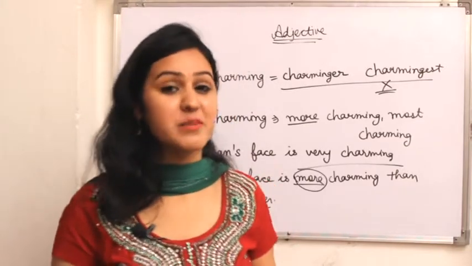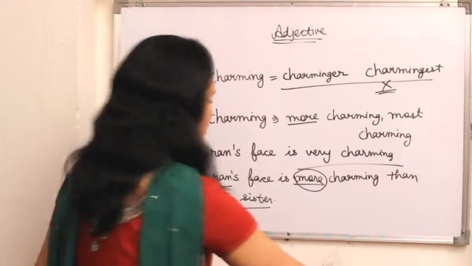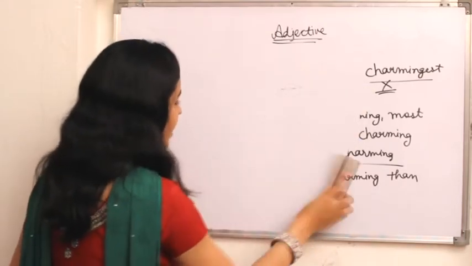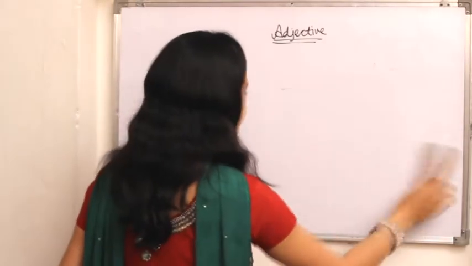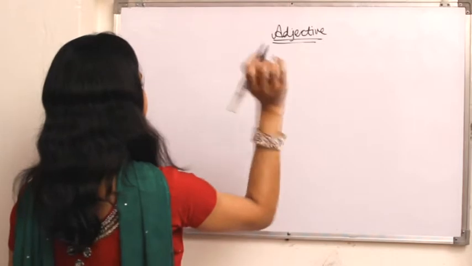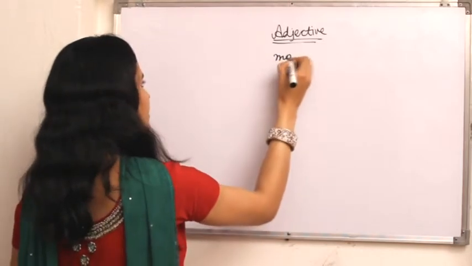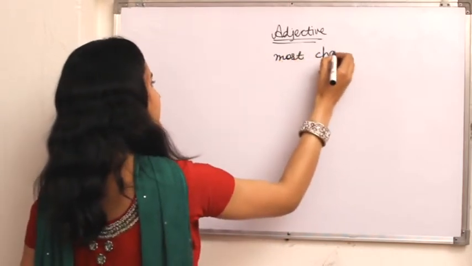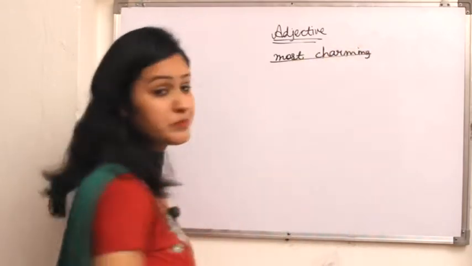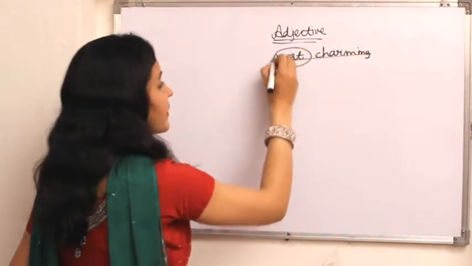So now I explain its superlative form by using a simple sentence which is about more than two persons, two people. Okay, so here I write most charming. So why do I use most here?